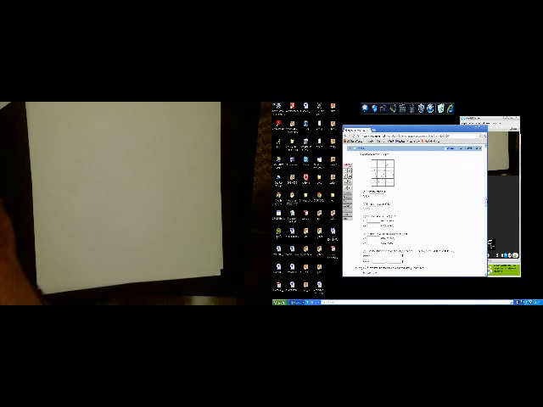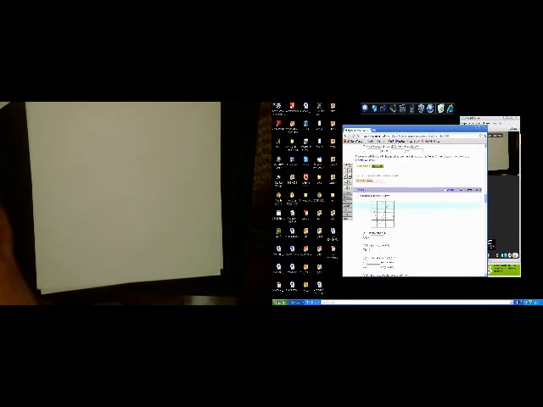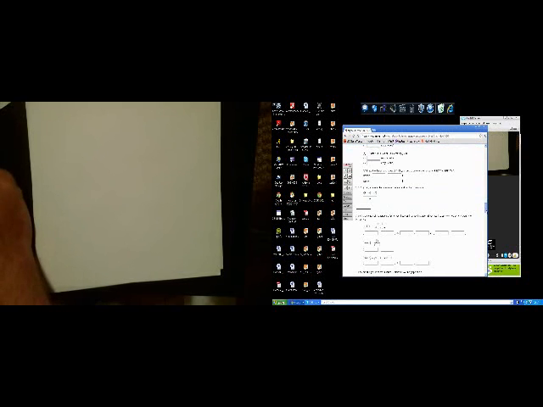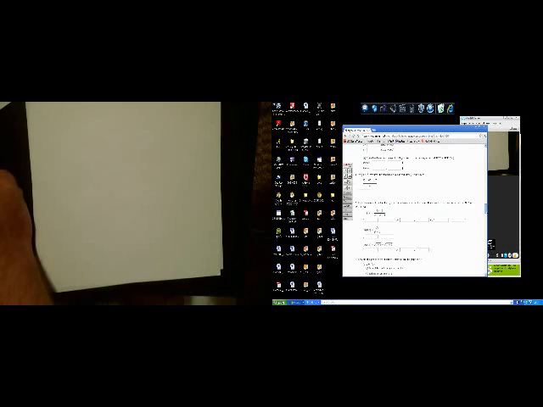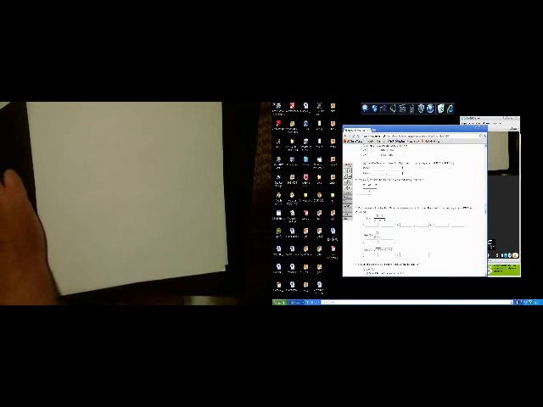Let me just look over these and find one that is going to be, if we could do one of the function ones. All right, I'm just reading.